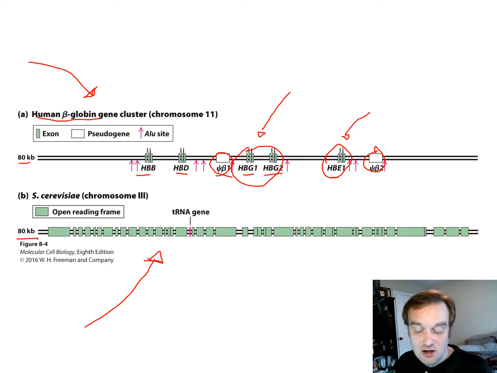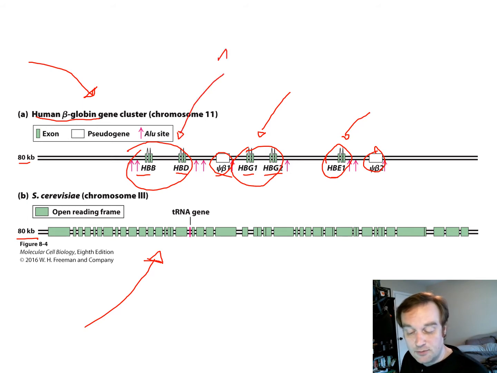And from there, when you get closer to birth and after birth, you express the adult version, HBB and HBD, adult, fetus, and embryo there to mark for you. You express this adult version because it is more tuned to carry oxygen in an adult as opposed to the fetal or the embryonic stage.